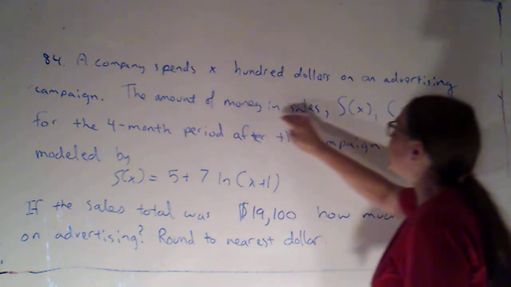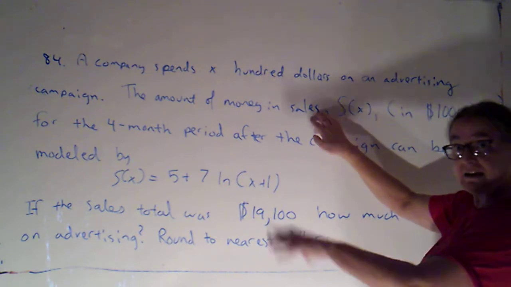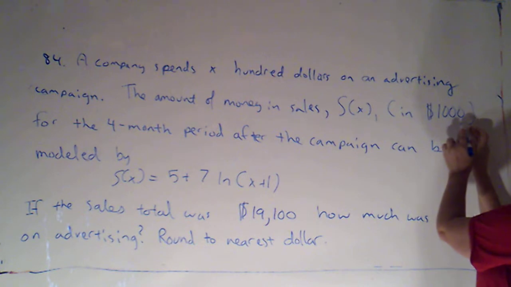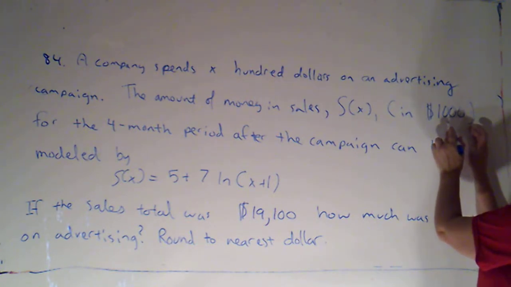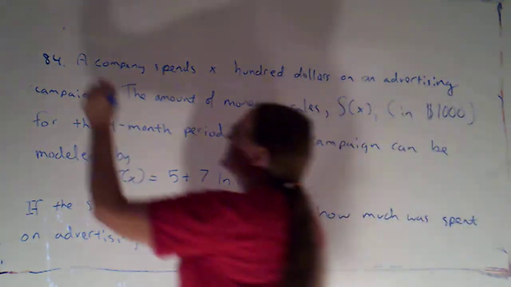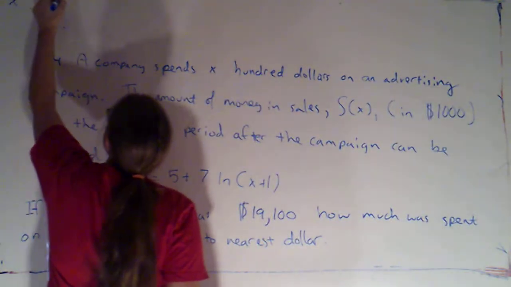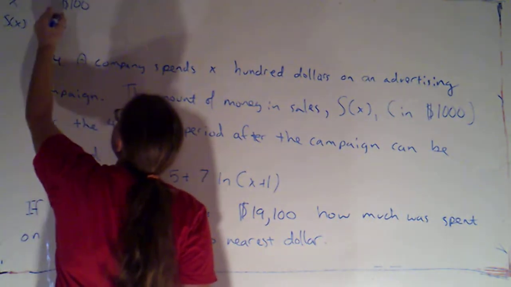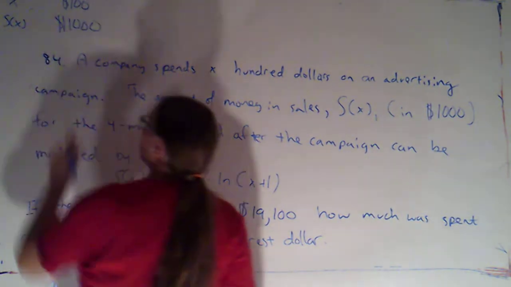The amount of money in sales, so after the ad campaign we sell some stuff, and the sales, S of X, that's given in $1,000. Different units for X and S of X. So I'm just going to make a note here. X is in $100 and S of X is in $1,000 so that I don't forget that.